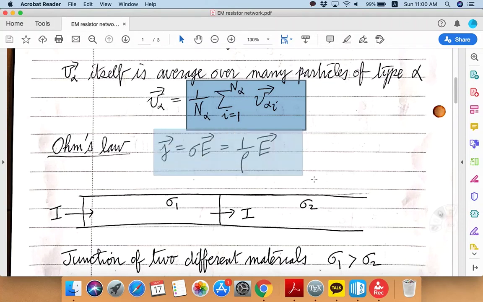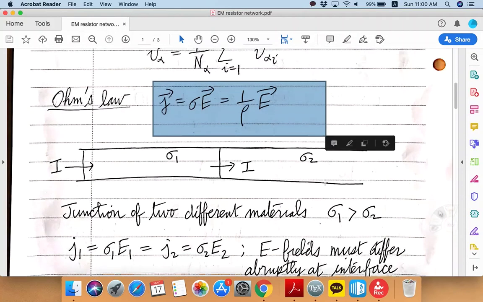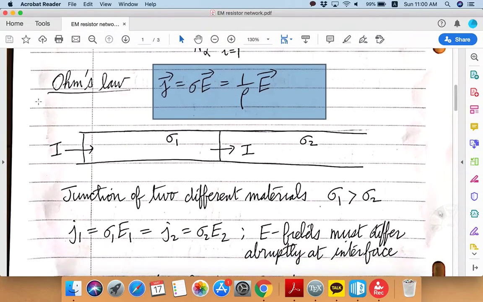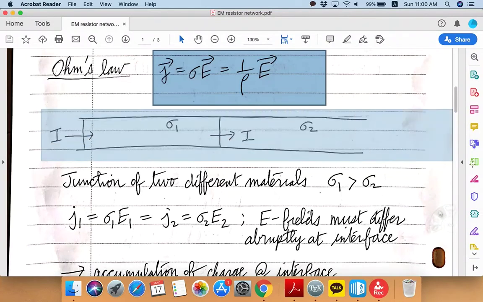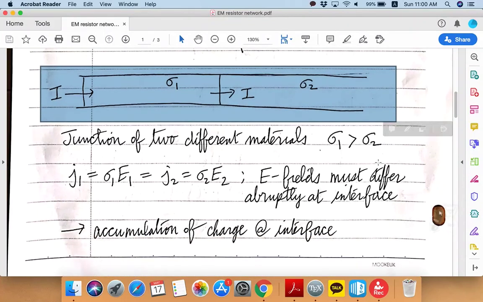And then there is this familiar Ohm's Law, which I hopefully do not have to repeat. But here's an interesting example that is being discussed in Purcell's book, and I thought this is sufficiently interesting for me to make mention in this lecture.